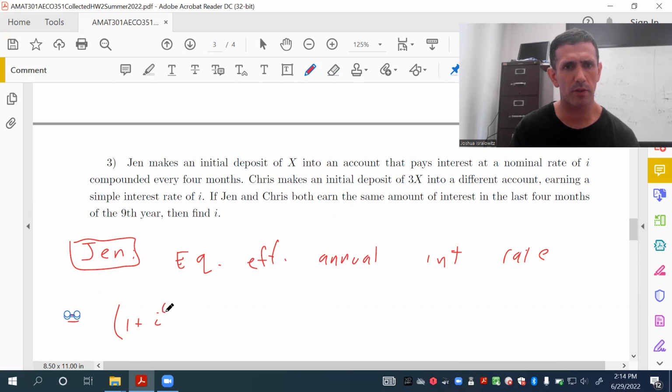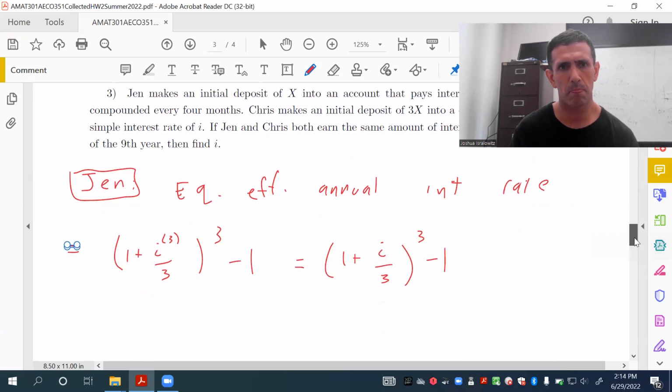That's 3 times a year. So it's 1 plus I3 over 3, cubed, minus 1. Well, I3 is I. So this is 1 plus I over 3, cubed, minus 1.